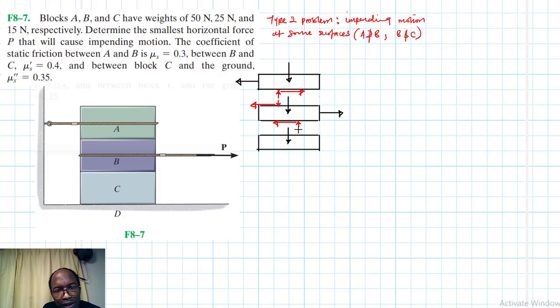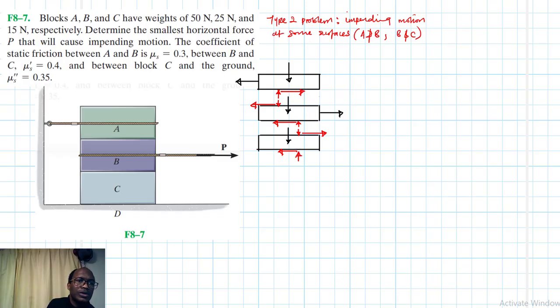And then we'll have the reaction like so. And then here, let's say we have the normal force here. Of course, this block will also experience some kind of friction in this direction to oppose that motion, and we'll have some normal force like so.